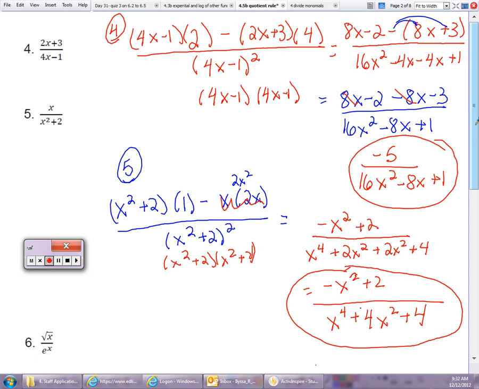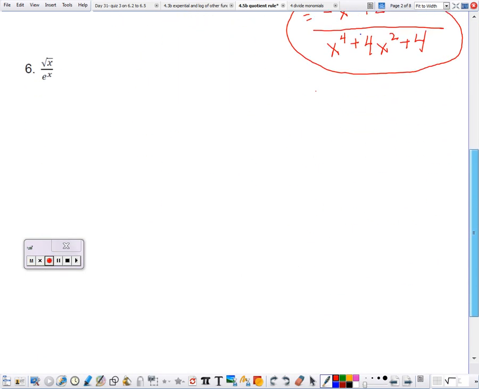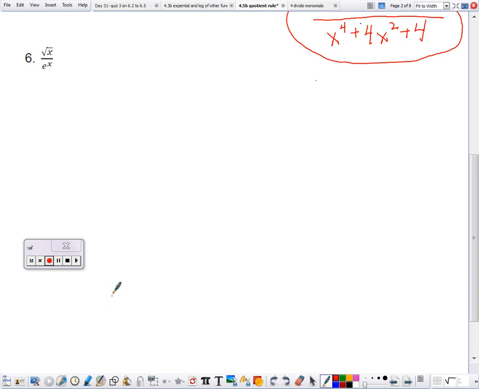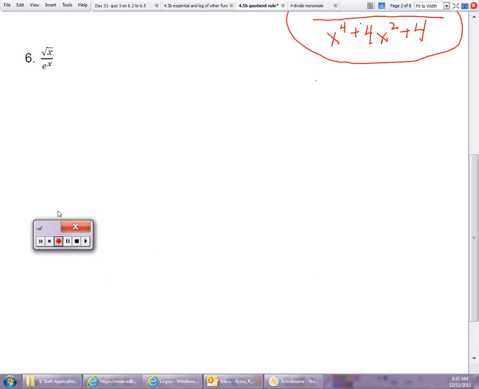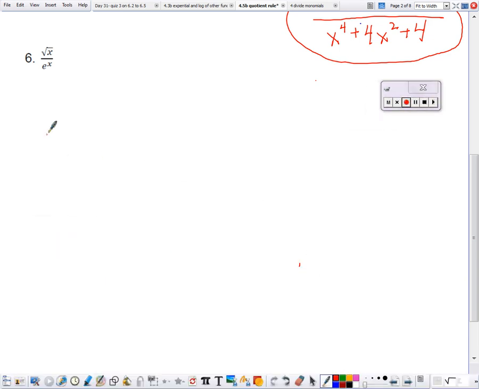And one last problem, number 6. This one doesn't simplify nicely. Before we can even start, we have to change our radical to an exponent. And then the derivative.